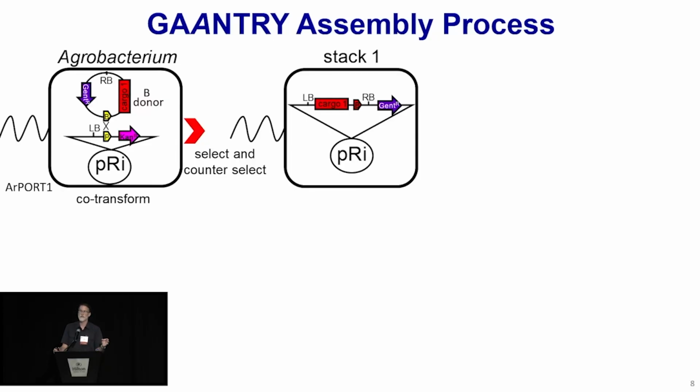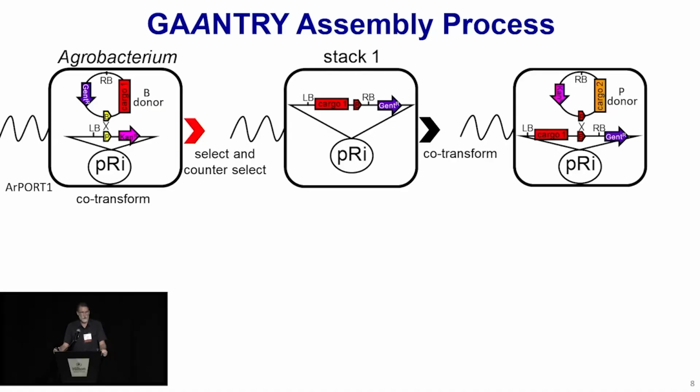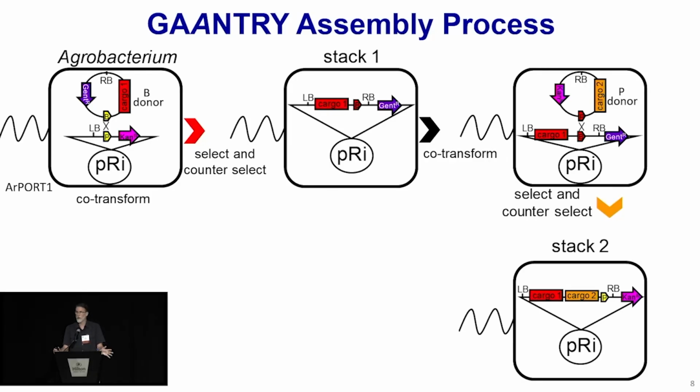But you can also take this stack 1 strain, which is now gent resistant, and it has an at site, the red small arrow shown there near the right border, and do another round of gantry assembly with a P donor. So the P donor plus the P helper, with your new cargo in that P donor plasmid, you'll do another round of assembly where you get integration and excision to create stack 2.